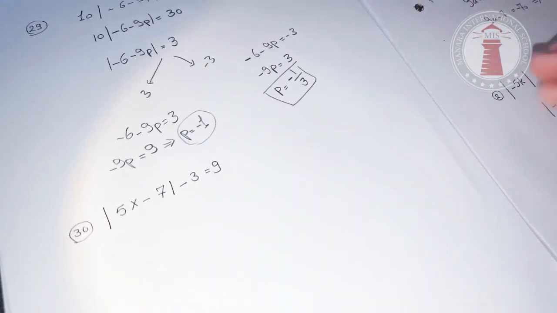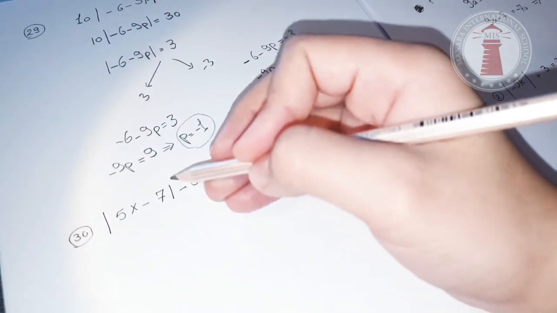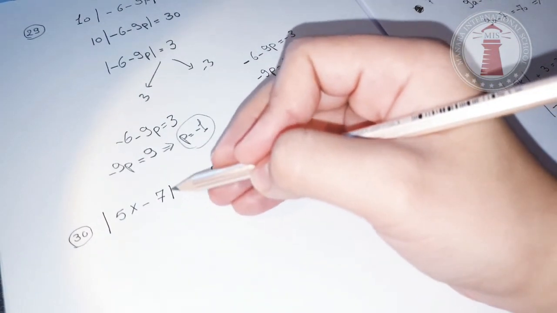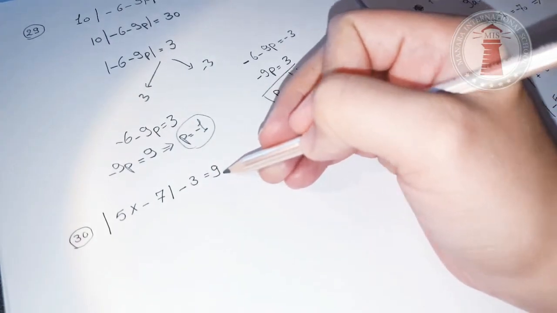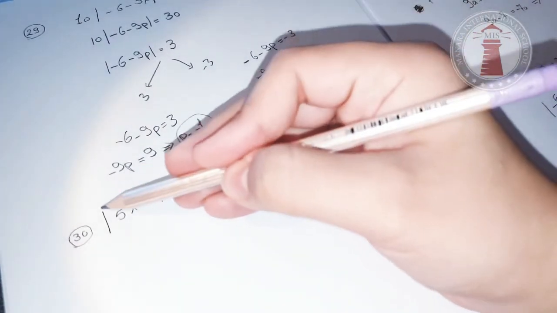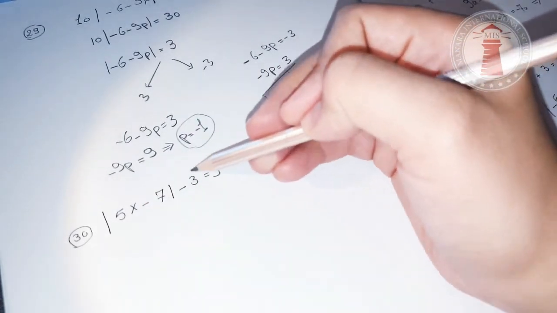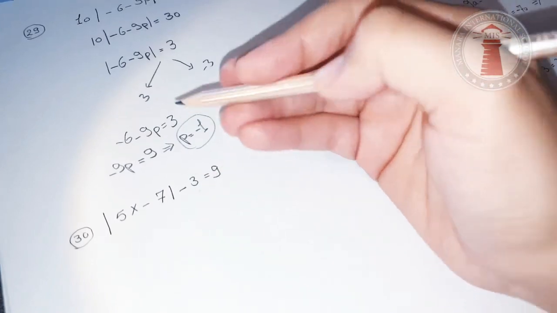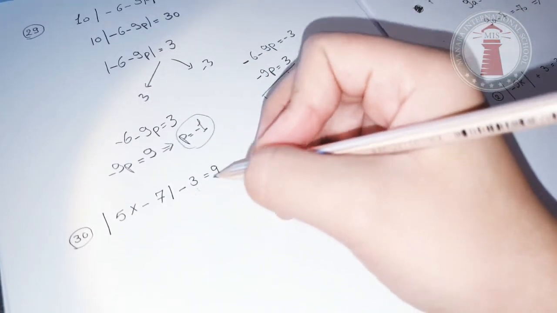Okay. The last question I got from you was the absolute value of 5x minus 7, then we're done with the absolute value, and then we have minus 3 equals 9. Here again, we need to leave this absolute value notation alone, and we get rid of the 3. So we can just eliminate the 3 by adding 3 into both sides.